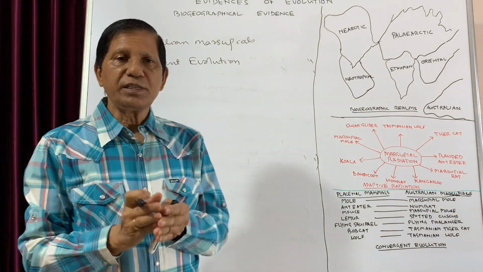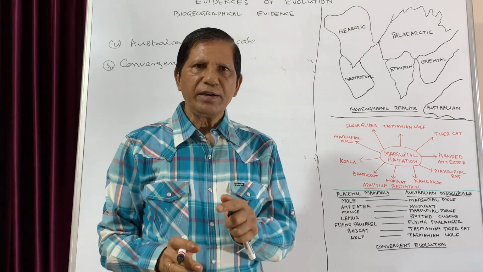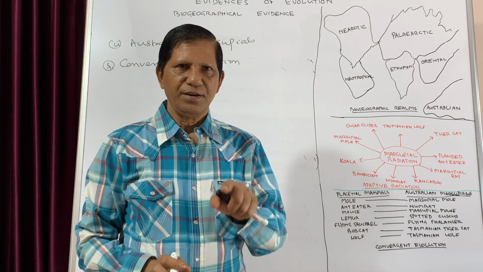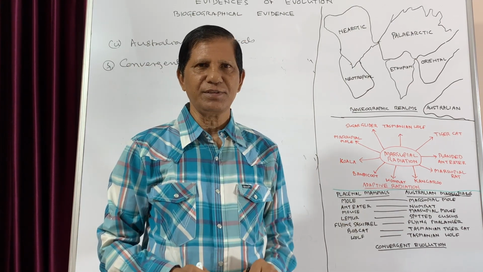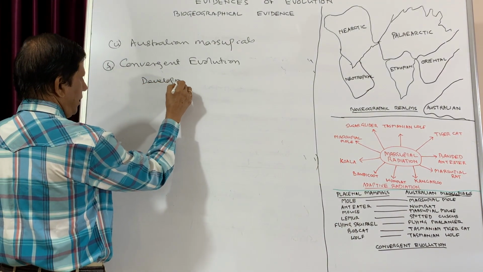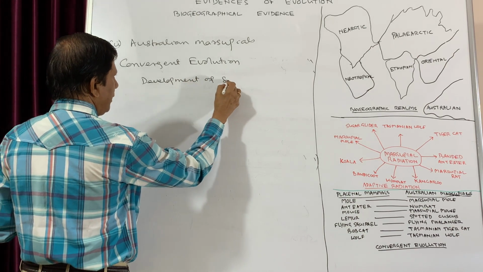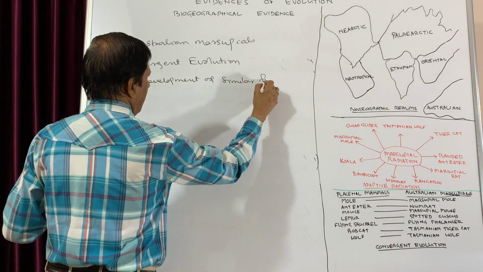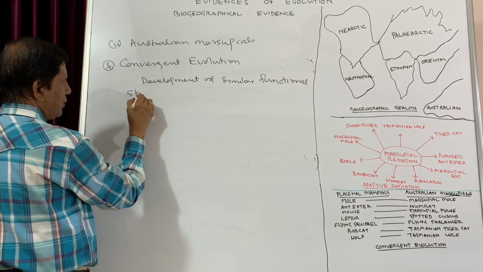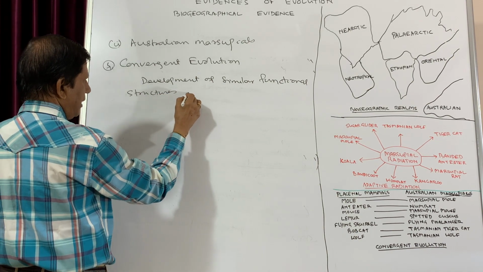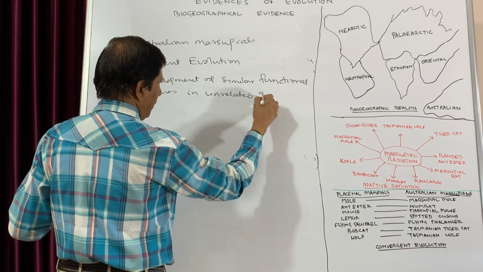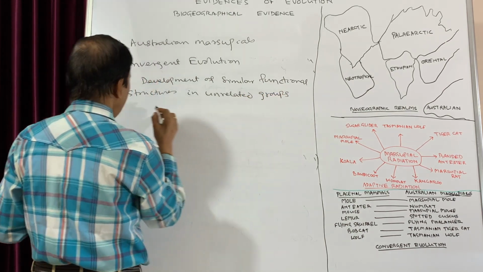Now, convergent evolution is the development of similar functional structures by unrelated organisms, that is, development of similar functional structures in unrelated groups of organisms.